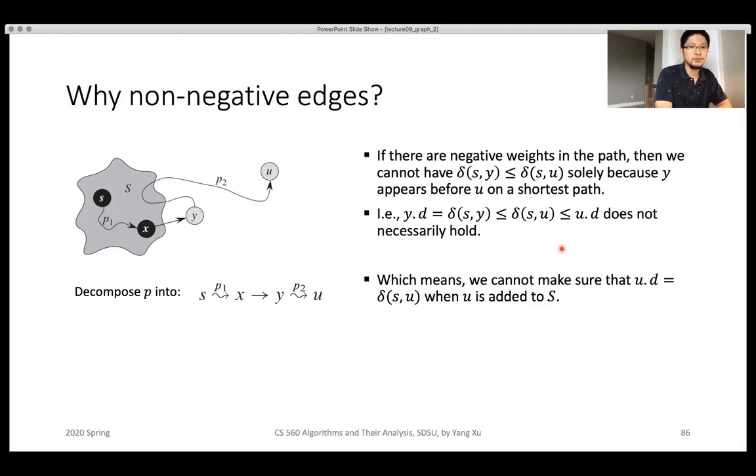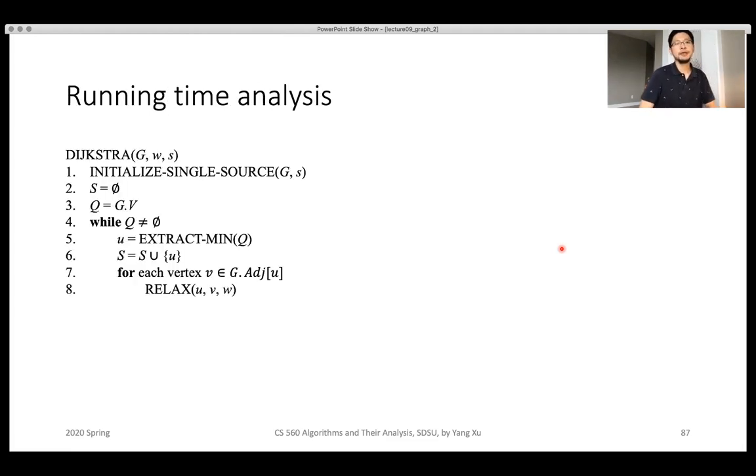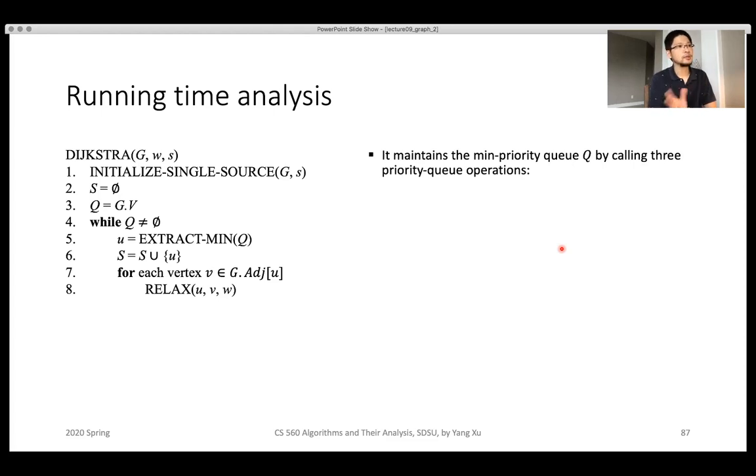And so next we're going to briefly look at the running time of Dijkstra's algorithm. Okay, the basic cost is about maintaining the minimal priority queue, right? So there's some implicit cost of the insert operation in line 3, right? We are constructing a minimum priority queue here. And in line 5, we extract one element from the queue.